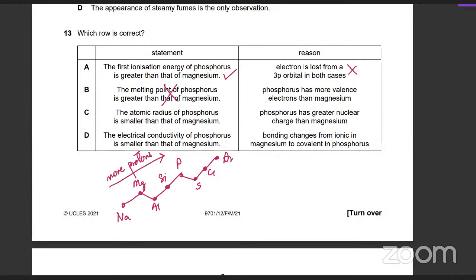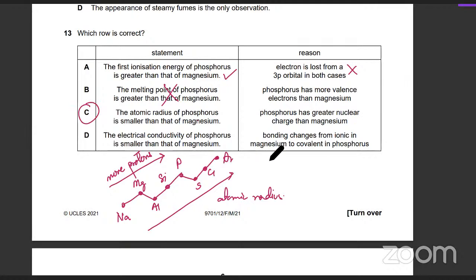The atomic radius of phosphorus is smaller than that of magnesium. That is true. When you move across the period, the atomic radius does decrease. Why? Because you've got more protons. There's more attraction when you move across the period. So phosphorus has greater nuclear charge, and that reasoning is true.